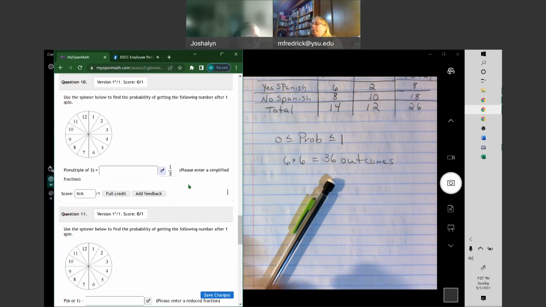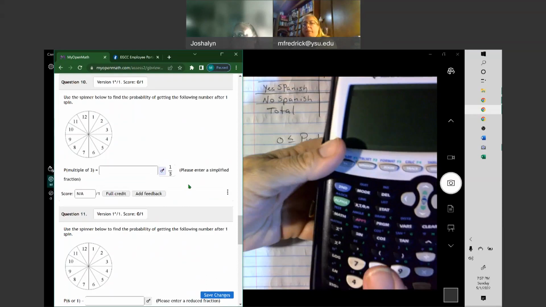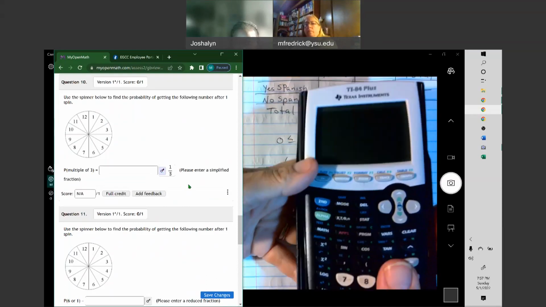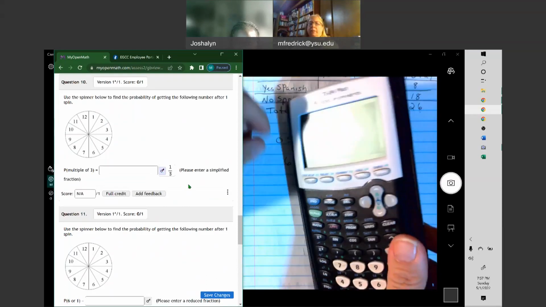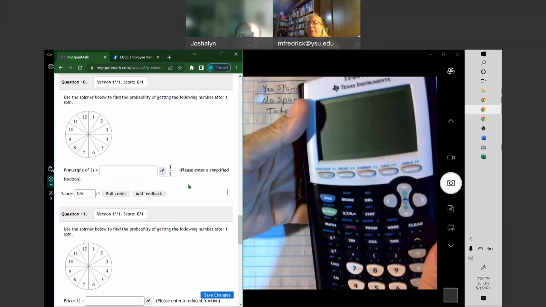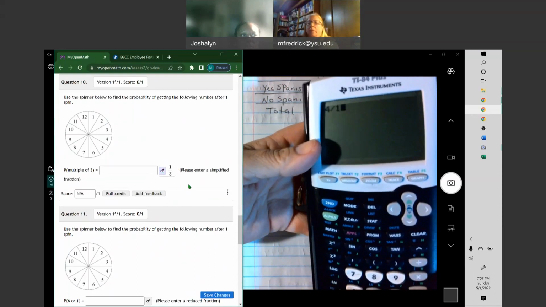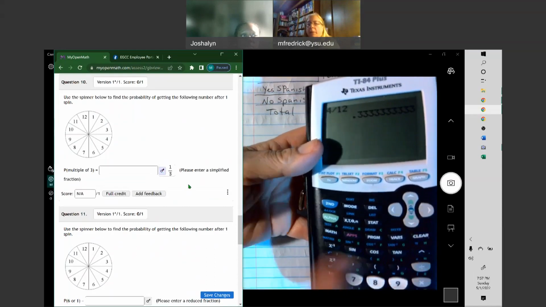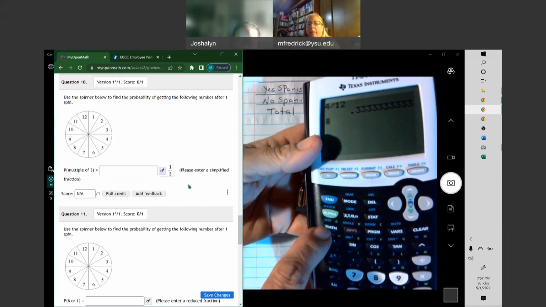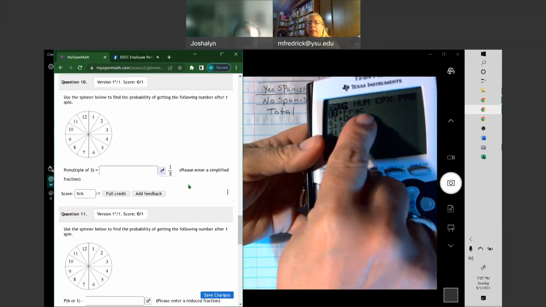over 12. Now, on the calculator, when you have to do that, 4 divided by 12. There's a key here, math, and it highlights fraction.